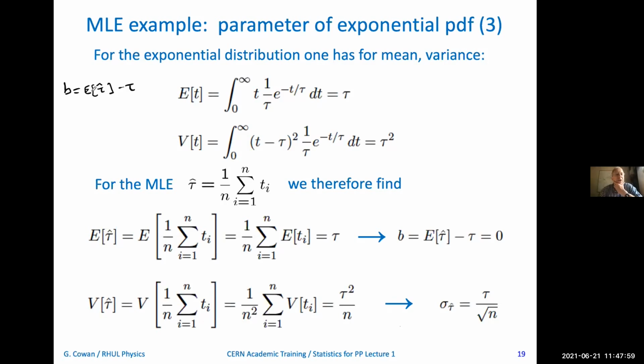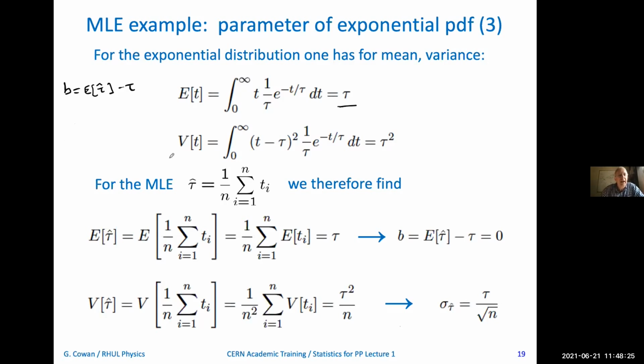And so in order to do that, I first need to know the expectation value of an exponentially distributed random variable. And so that's the definition of the expectation value. It's just the random variable times the PDF integrated over all values of the random variable. And so that integral gives you tau, right? So the expectation value of t is just equal to tau.